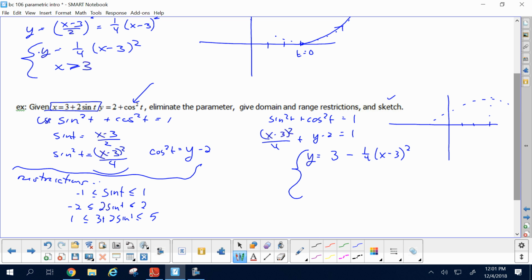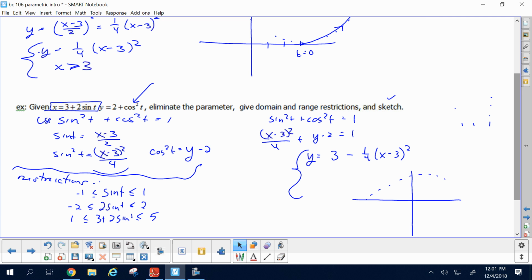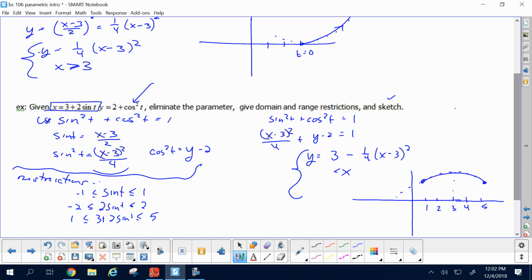You follow? Now then, that means that your parabola is not ever going to go over there. It's going to be restricted from 1 to 5. It will not be a complete parabola. So x is between 1 and 5.